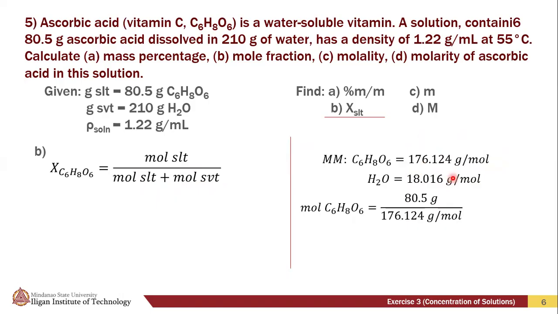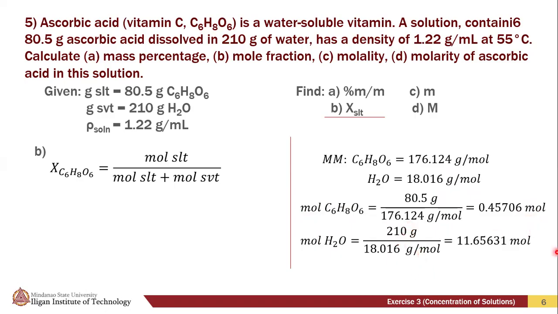Recalling our lesson on stoichiometry or the mole concept, we know that to find the mole of a substance, we need to divide the mass with our molar mass. So you have 80.5 grams divided by 176.124 gram per mole for us to get this value for the mole of ascorbic acid. Similarly, for water, we do the same. We divide mass with the molar mass, and we should get this value.